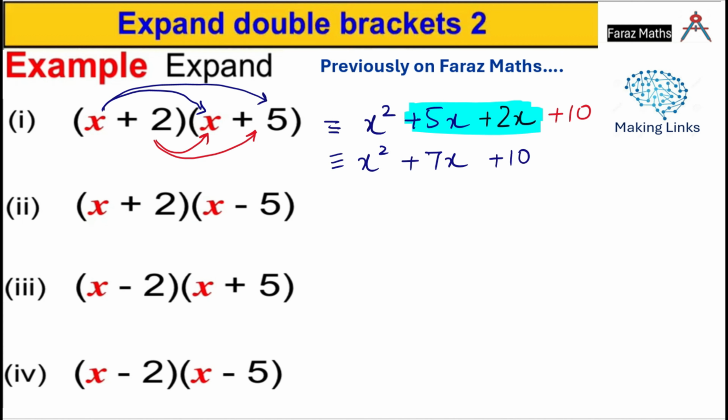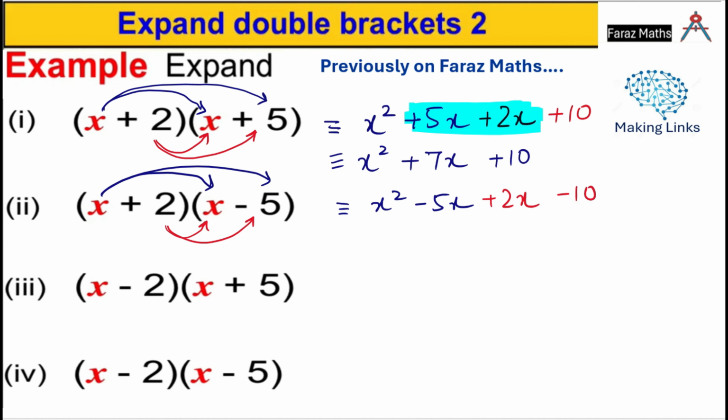Now, sometimes in the second bracket, we may have a negative. Like here, we have negative sign over there. So what we have to do, again, the same thing, x times x, x squared, x times minus 5, minus 5x, and then plus 2 times x, plus 2x, and then plus 2 times minus 5, minus 10.